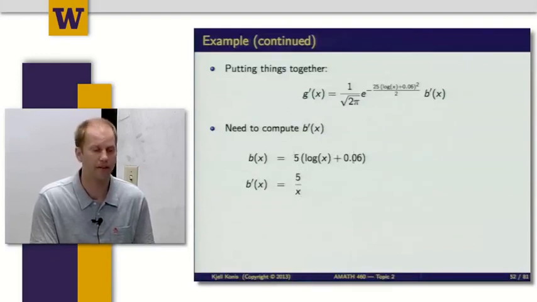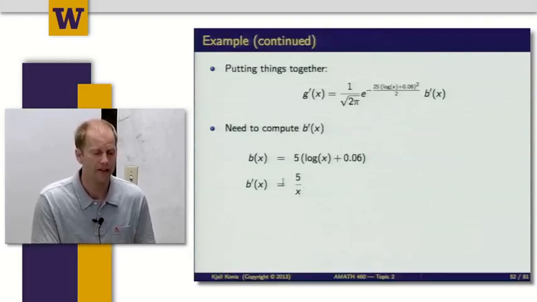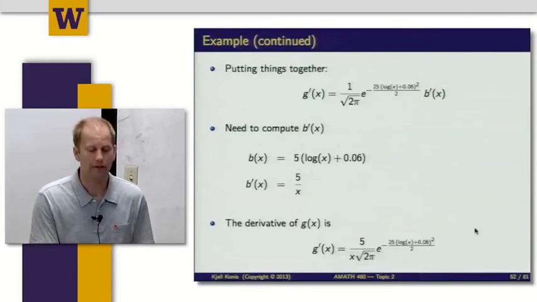And 5 times 0.06 is just a constant, so we don't even need to bother doing the math. That's going to have a derivative of 0. So b prime of x is just going to be 5 divided by x. Now I just need to put all of the pieces together, which just means substituting in 5 over x for b prime of x. And that gives me the derivative of my function g of x.